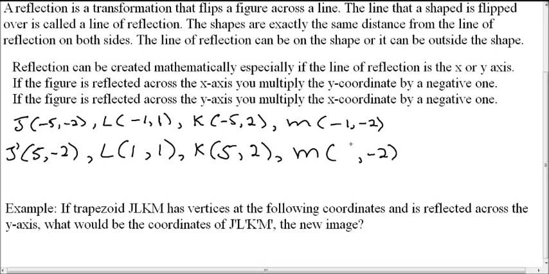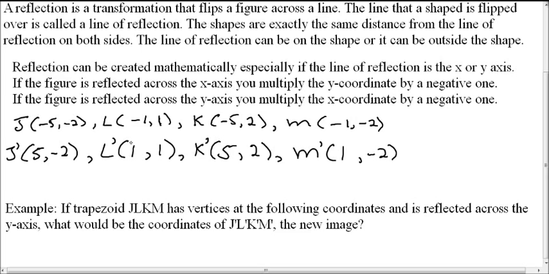We're not going to touch it. And again, -1 times -1, or its opposite, is 1. So we see that our new image will have the coordinates of J prime (5, -2). Again, the x coordinate changed. L prime is (1, 1).